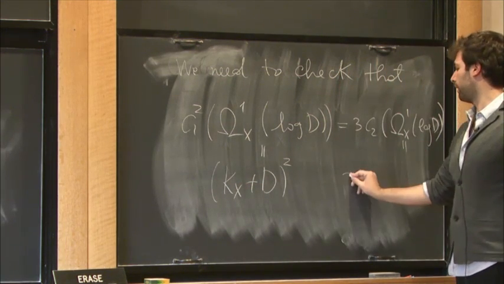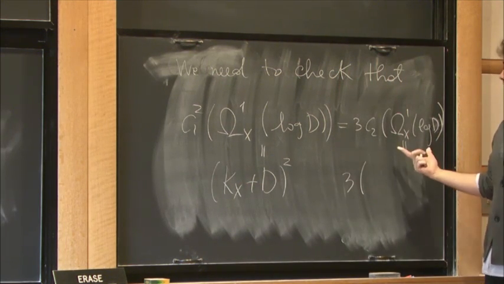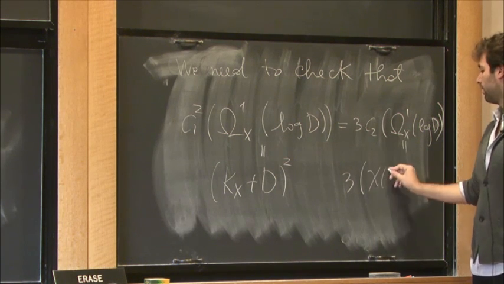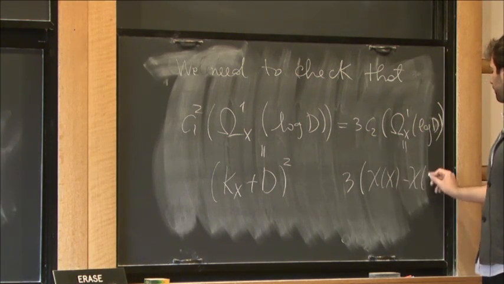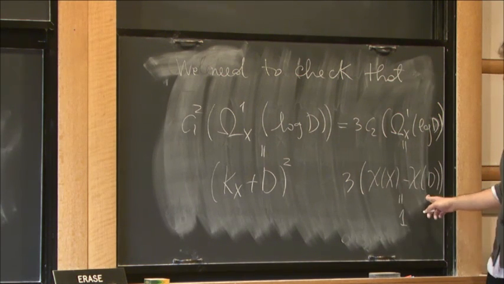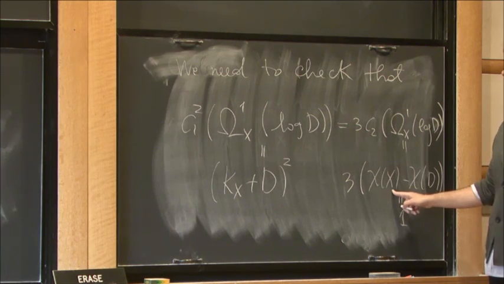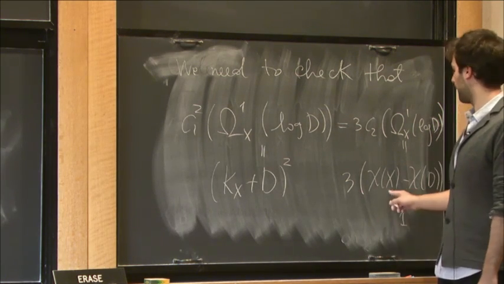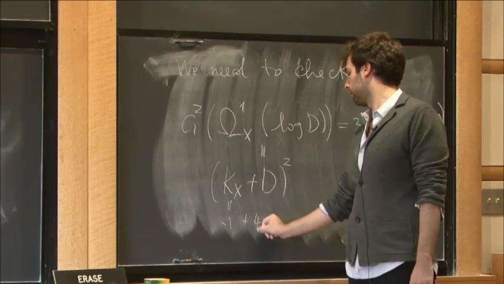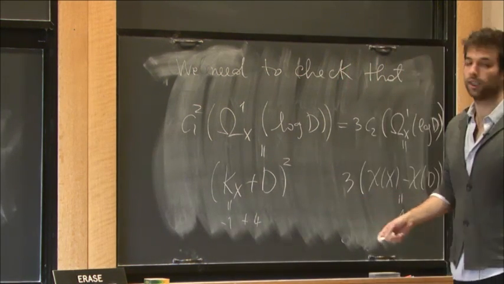And this is exactly 3 times the topological Euler characteristic of the open set X minus D. So K_X plus D squared is 1, because these are elliptic curves, and this is a blow up of an abelian surface. And then this side is minus 1 plus 4, and you get 3 equals 3.